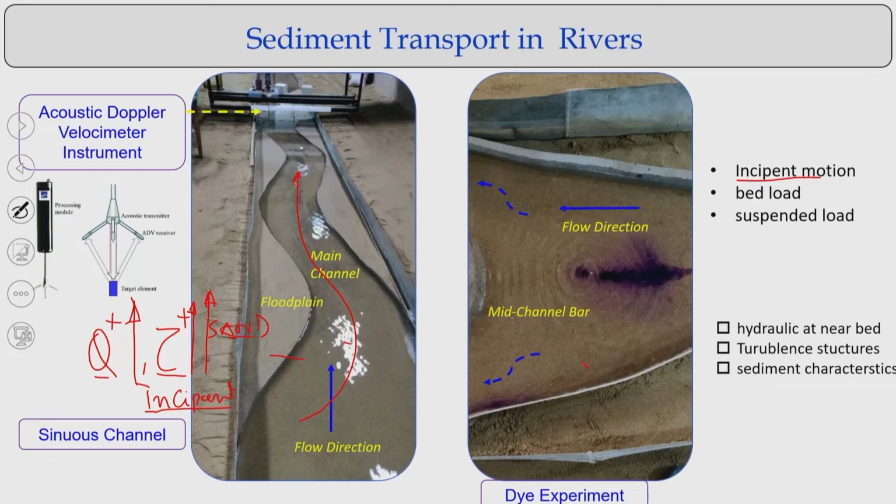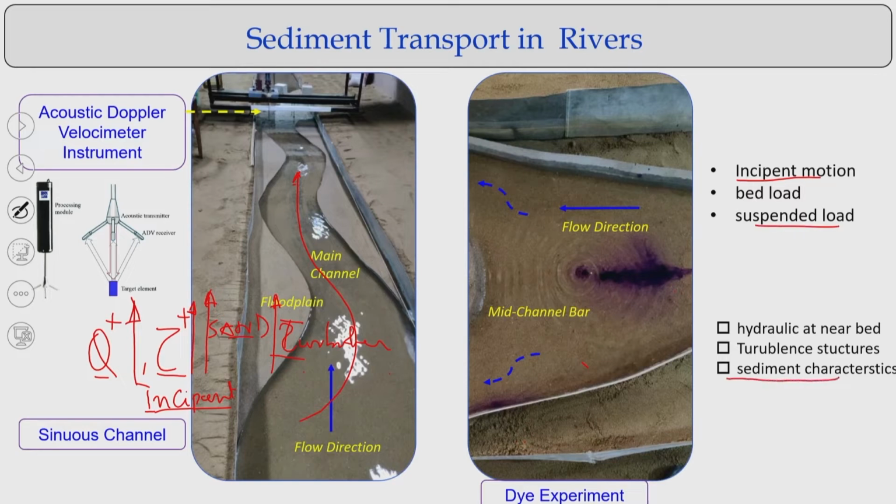And if you further increase the discharge, the bed materials which were moving along the bed remain in suspension for a considerable length of time, because of the increasing turbulence, which keeps the sediment particles floating as suspended load.